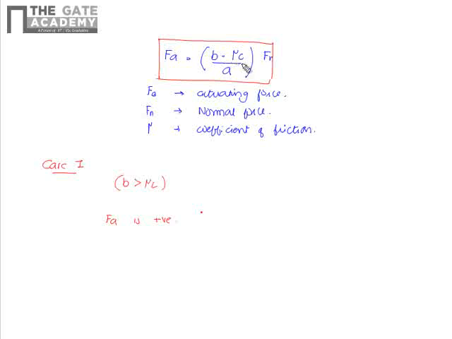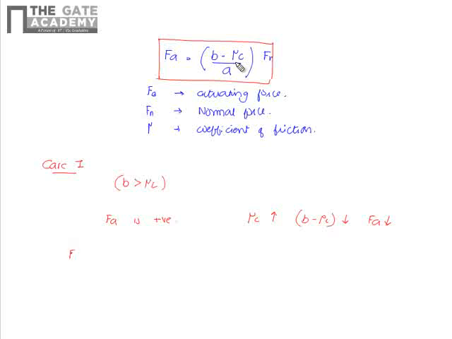If the mu C value is higher, the B minus mu C value will become lower and the actuating force becomes less. Fa is always positive, and when mu C keeps on increasing, B minus mu C keeps on decreasing, or your actuating force keeps on decreasing. So in this case, the frictional force tends to reduce the magnitude of actuating force.